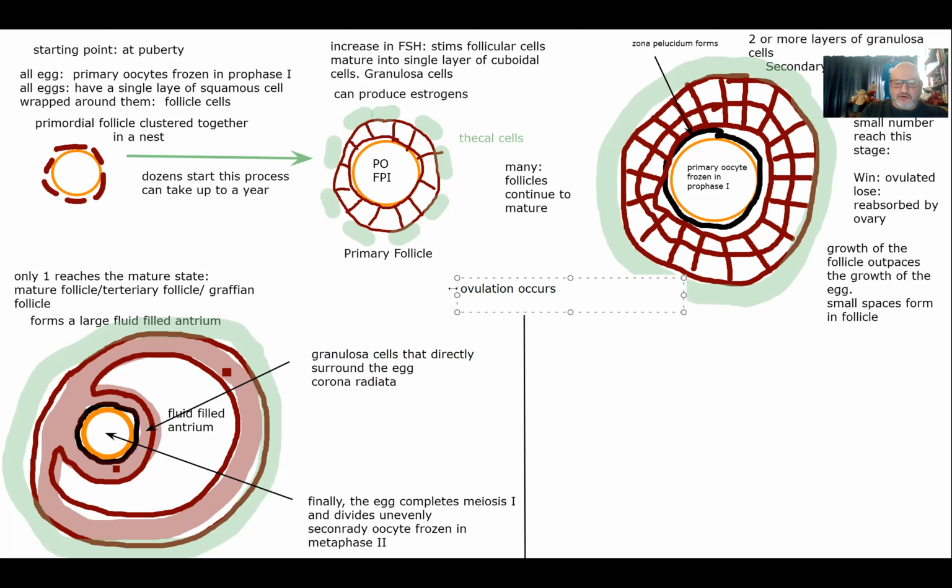When ovulation occurs, our secondary oocyte frozen in metaphase 2, plus the corona radiata that surrounds it, are expelled. What that means is that the remaining granulosa cells stay behind.